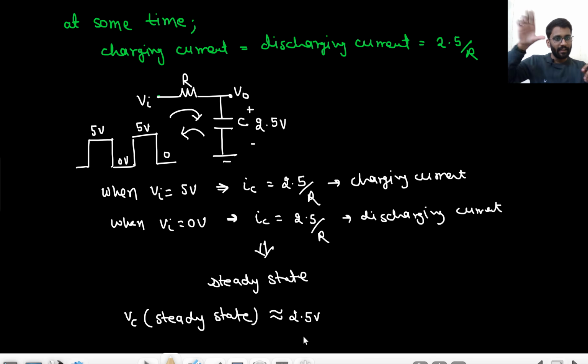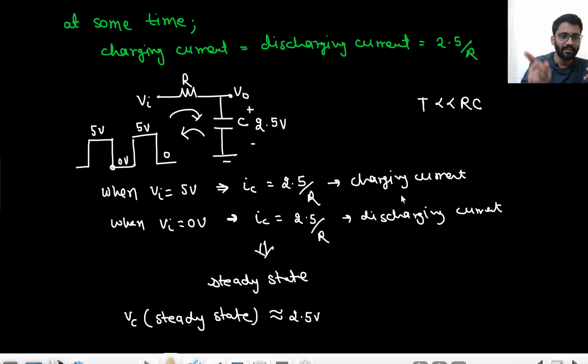In an RC circuit, there is an input that is applied, that is square wave input or pulse input 5 0, but the time period is very less than RC. In this case, if they are asking what is the steady state value of the capacitor voltage, it will not be 5 volt, it will be the average value of the input. What is the average value of this input? That is 5 by 2. So the steady state value is 2.5, not 5 volt.